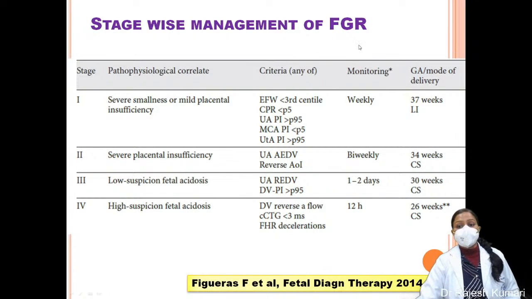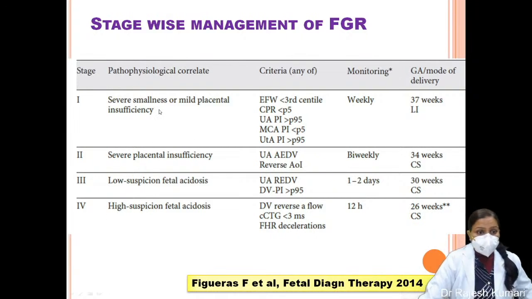So stage-wise management of fetal growth restriction: stages 1, 2, 3. Severe smallness or mild placental insufficiency: if these criteria are present, weekly monitoring, and for the mode of delivery, at 37 weeks we have to induce, and mode of delivery can be vaginal delivery also.